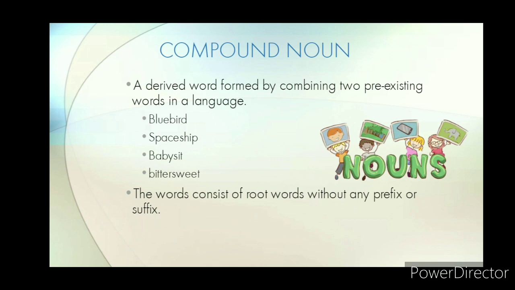So it is obvious that when these words are combined, they have their own meanings. In a compound noun, the words consist of root words without any prefix or suffix. As you can see, there is no prefix and no suffix in the examples.